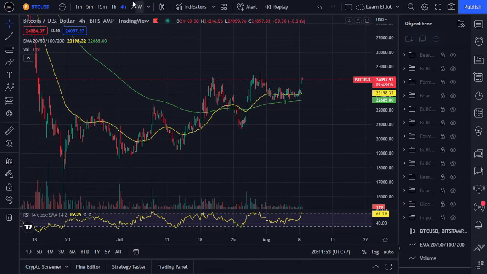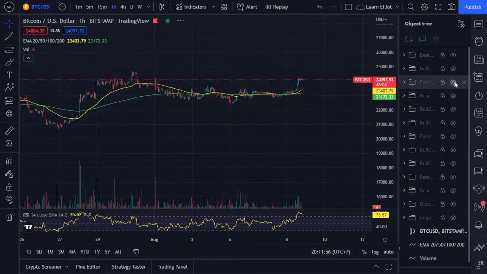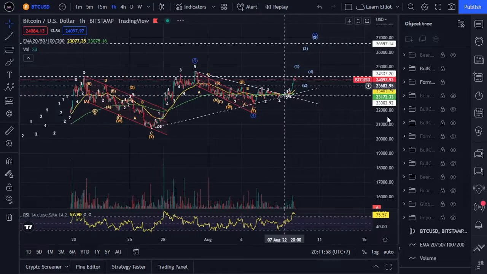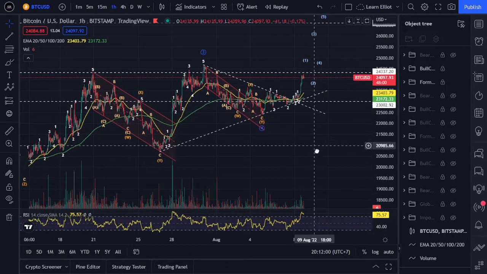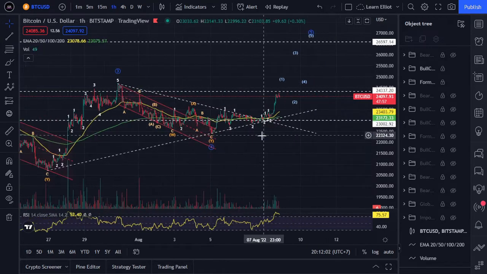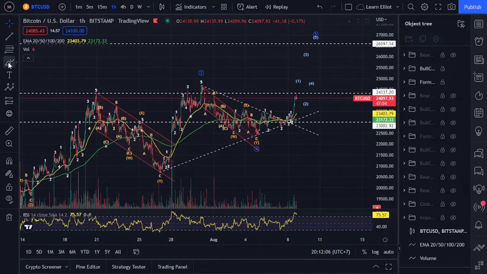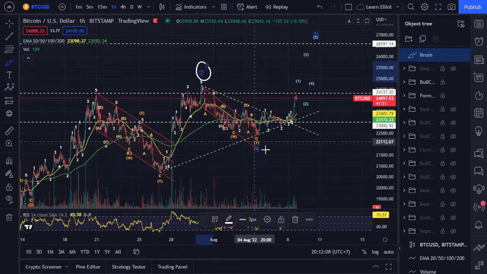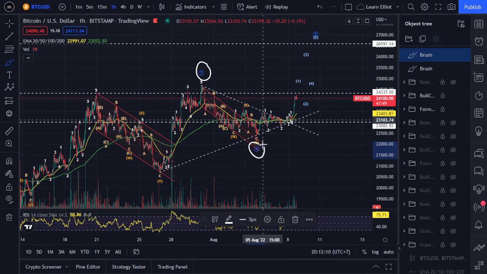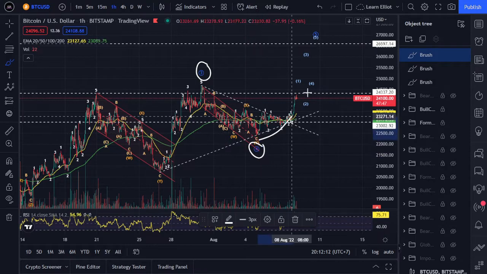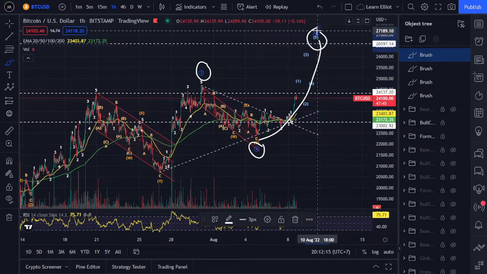Now let's go to the lower time frame here. Let's take a look at the bull case scenario first. In this bull case scenario, it's also the same, assuming that the third wave here is already complete and the fourth wave here is also already complete. Now we are in our direction to wave 5 here.